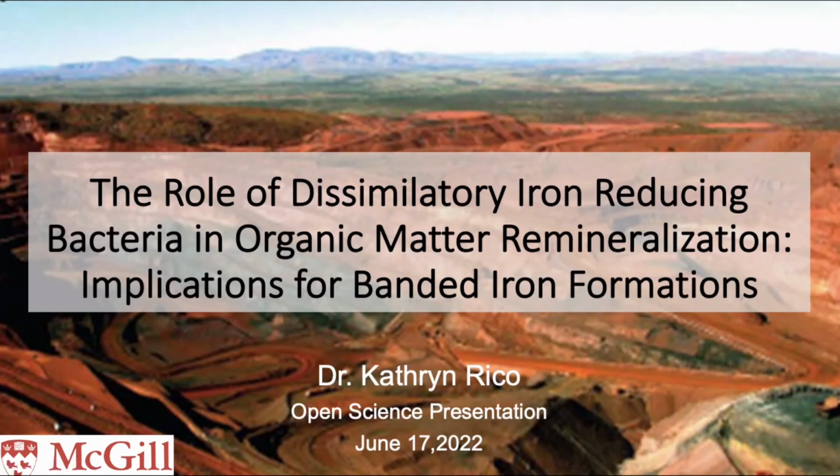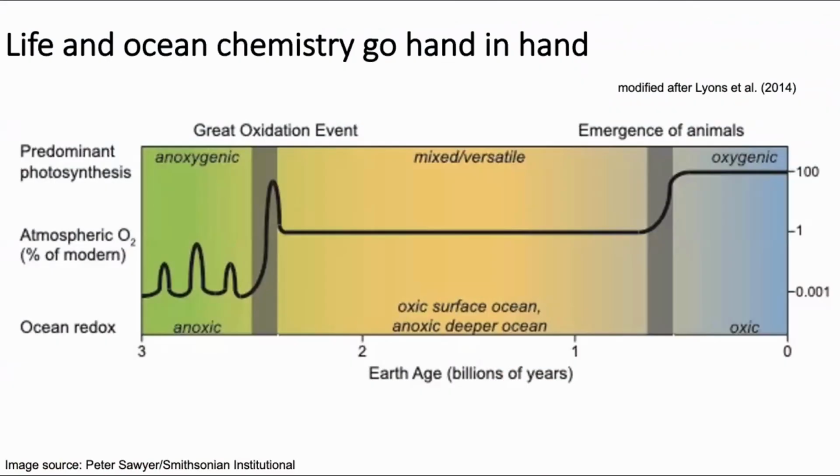To provide some big picture context, at least in the US, earth sciences is not very widely taught. So I like to start by giving some context for what I mean when I say early Earth. Shown here is a diagram of Earth from 3 billion years ago to present on the x-axis, with ocean redox state, atmospheric oxygen, and dominant photosynthesis on the y-axis.